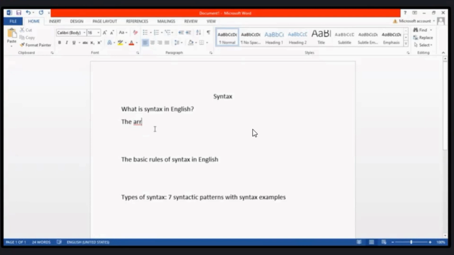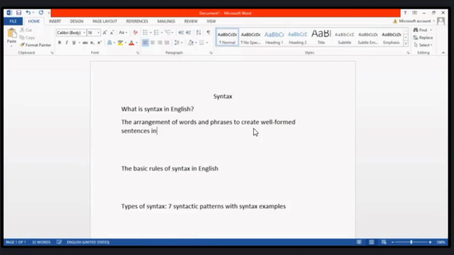The arrangement of words and phrases to create well-formed sentences in a language.